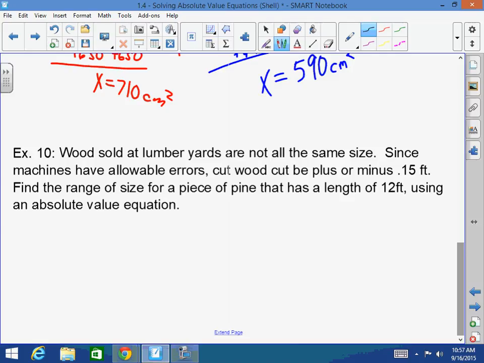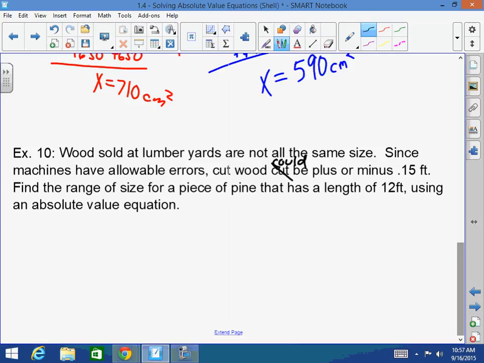I don't know why, but it is what it is. Since machines have allowable errors, cut wood could be plus or minus 0.15 feet. Find the range of size of a piece of pine that has a length of 12 feet using the absolute value equation.